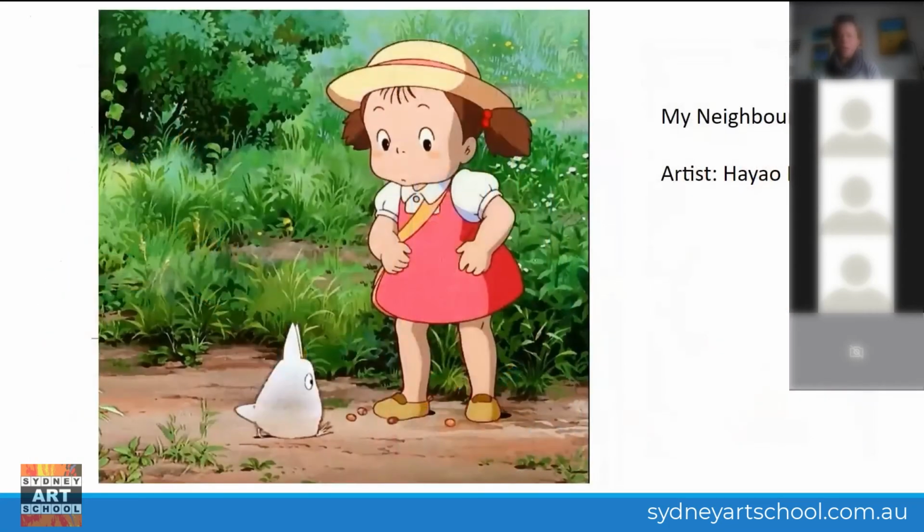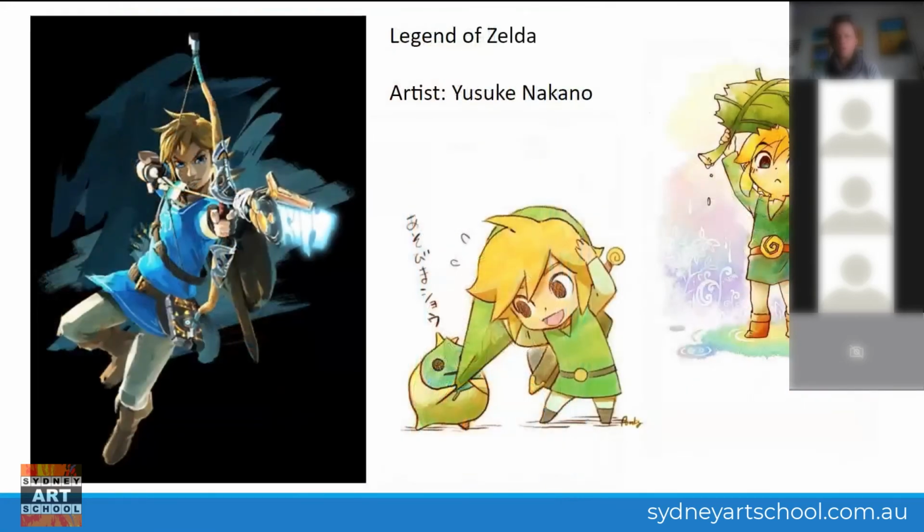I would say May, going back to My Neighbor Totoro, is close to chibi, but not quite. She's almost like a proto-chibi, because her character would have been designed before that concept was really a thing. But you can see the similarities in the sense that you're looking at a character that has a very large head and a very small body.